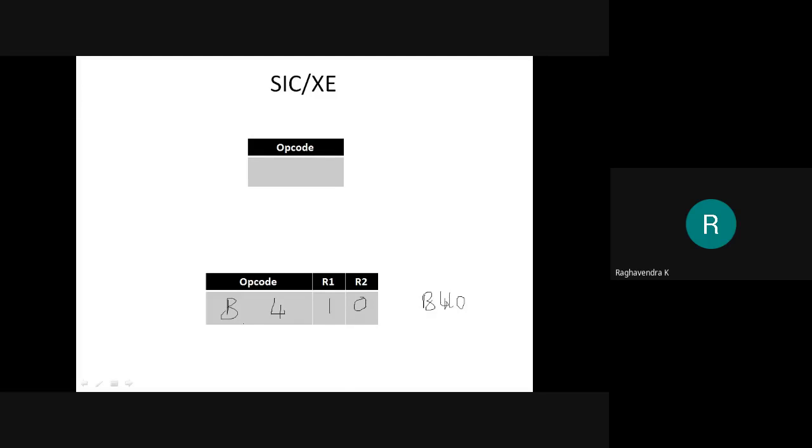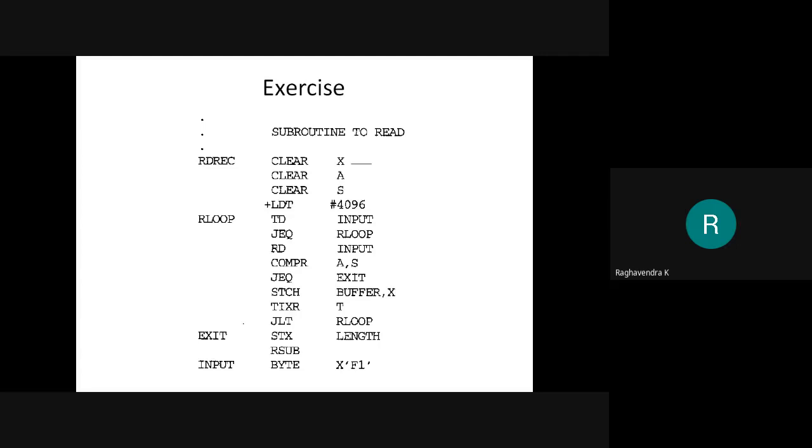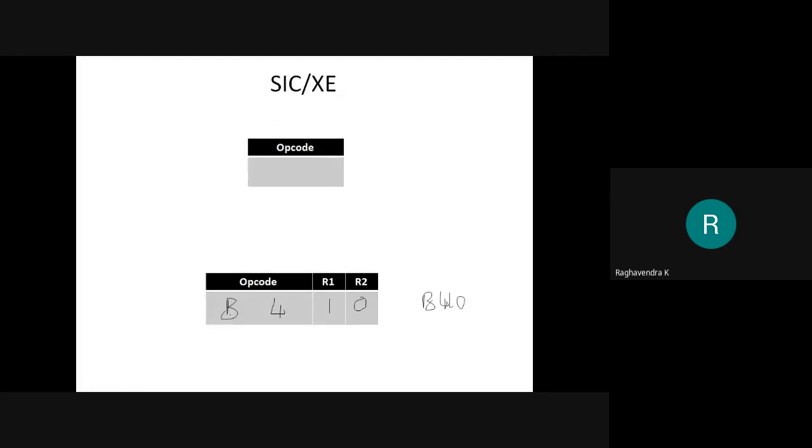Similarly, the second instruction, clear A. Once again it is B4. The first register is A, so we'll put 0 here. So it is B400.